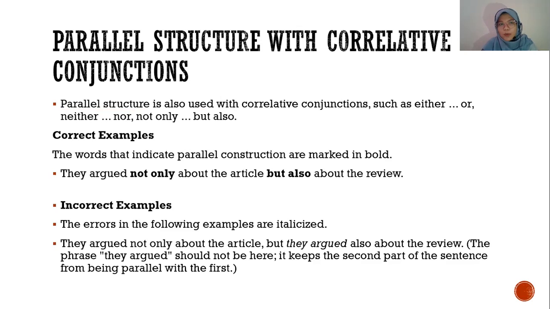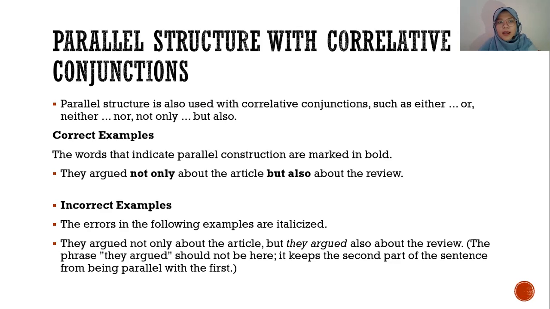So there is also parallel structure with correlative conjunctions, that is either, neither, nor, not only, and but also. So I will give you the correct example and also an incorrect example to help you have a better understanding.